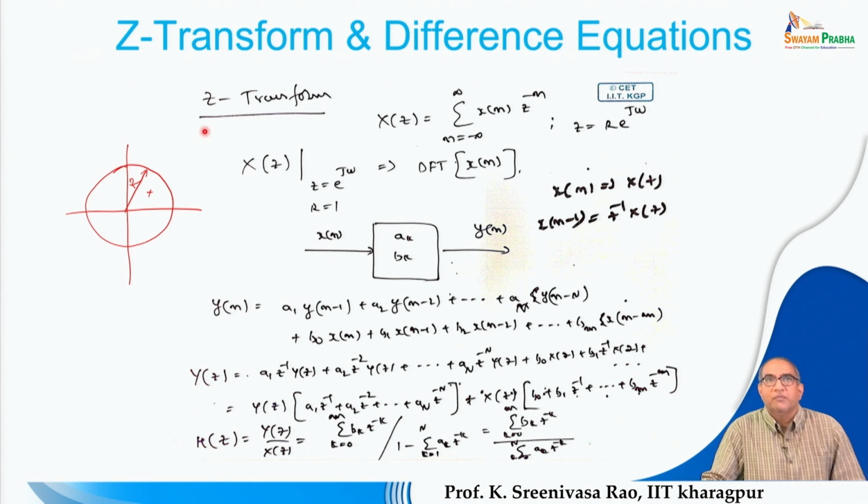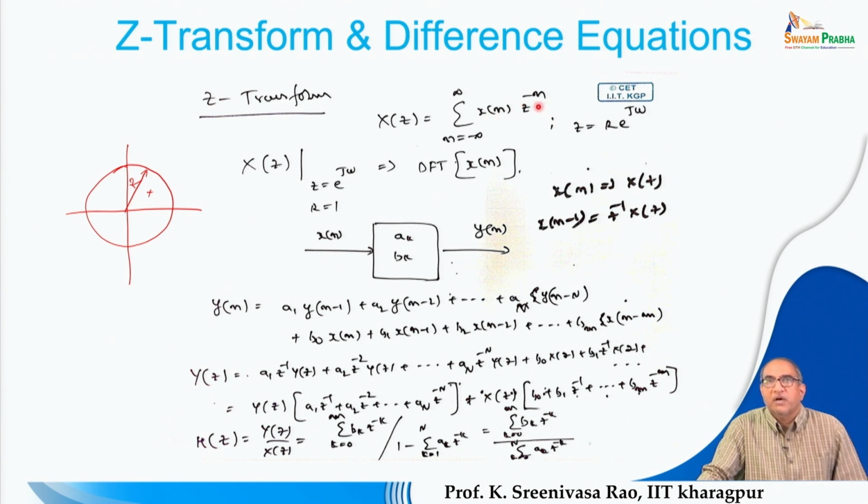So, that way we can evaluate the discrete Fourier transform of a given signal. Here, we substitute z equals r into e power j omega. When you put r equals 1, it is the expression for computing the discrete Fourier transform of a discrete sequence x of n, that is, x of n into e power minus j omega n, because z is r into e power j omega.